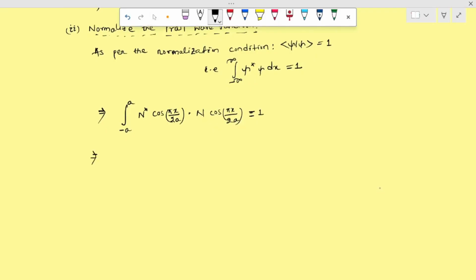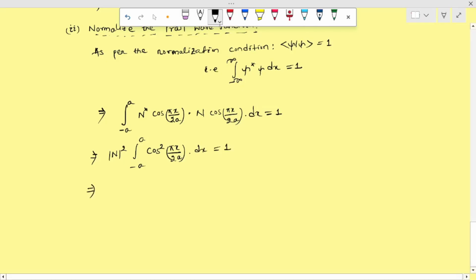That implies N star N, which is nothing but mod N square, taken outside of this integration. Minus a to a is the limit, cos square(pi x by 2a) dx. Here I forgot to write dx. It should be equal to 1.